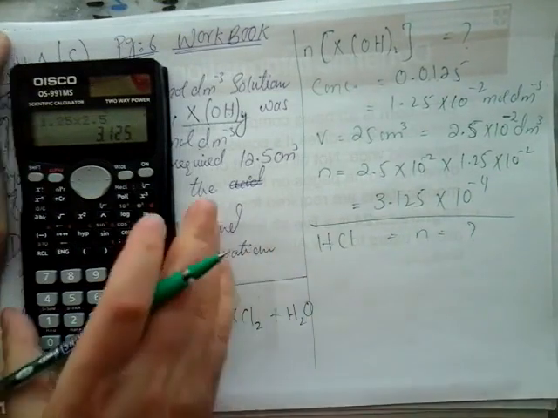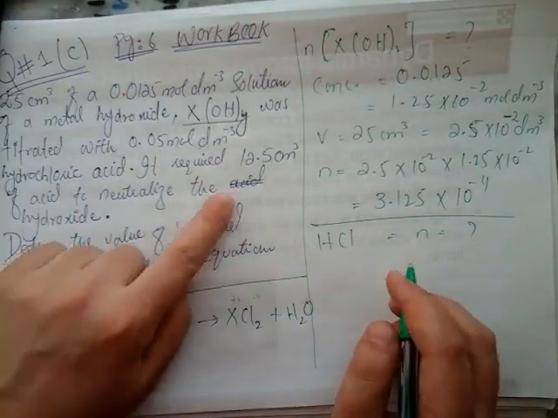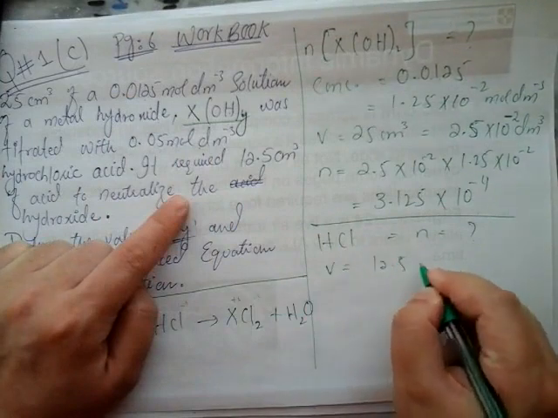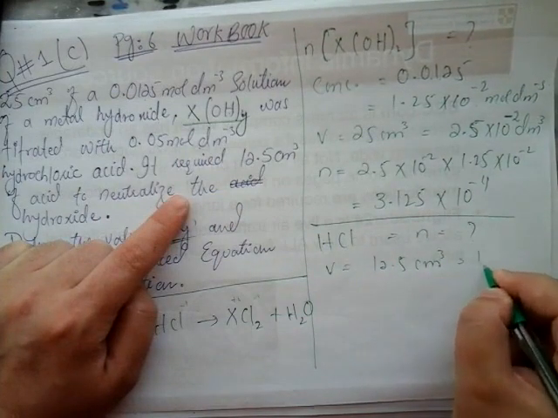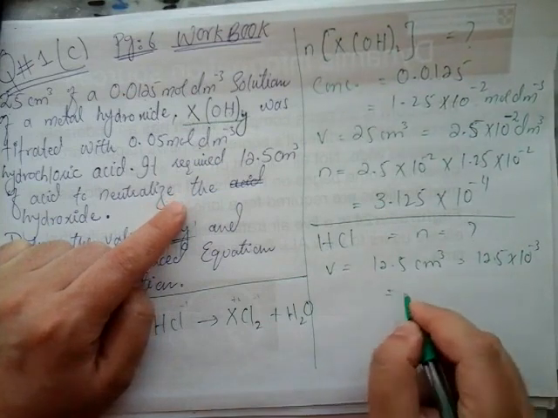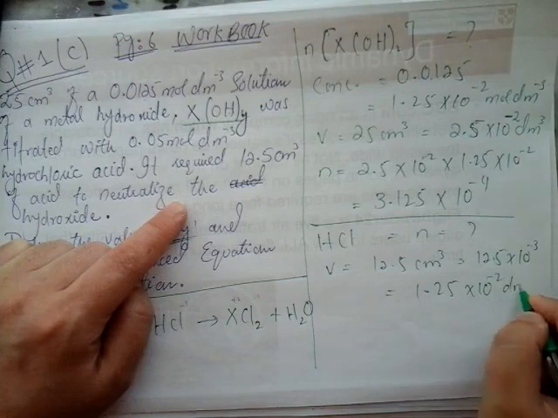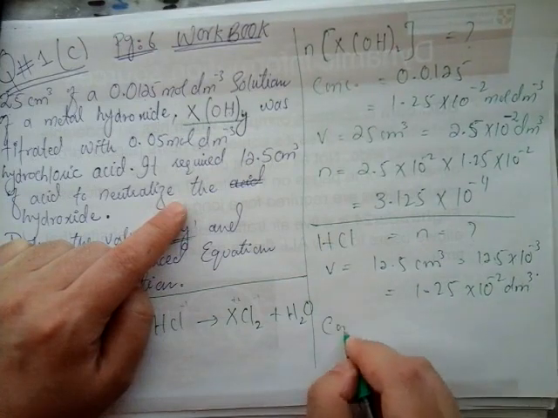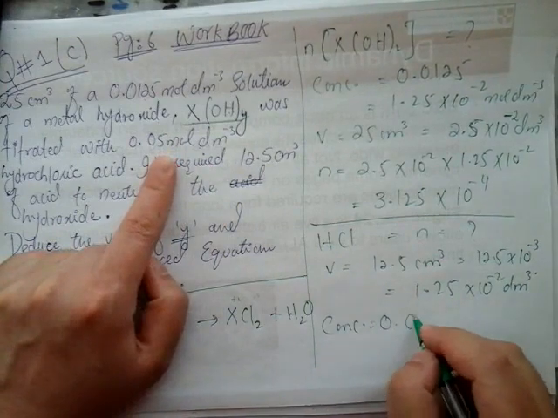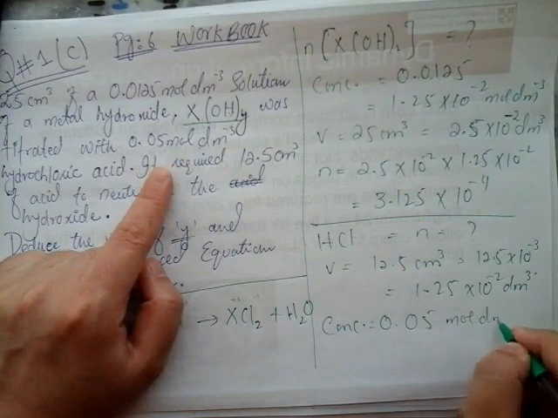On the other hand, hydrochloric acid, we also need to find the moles, and its volume is given, that is 12.5 centimeter cube. 12.5 multiplied by 10 raised to power minus 3. We can also write 1.25 into 10 raised to power minus 2 decimeter cube. And concentration of hydrochloric acid is 0.05 mole per decimeter cube.